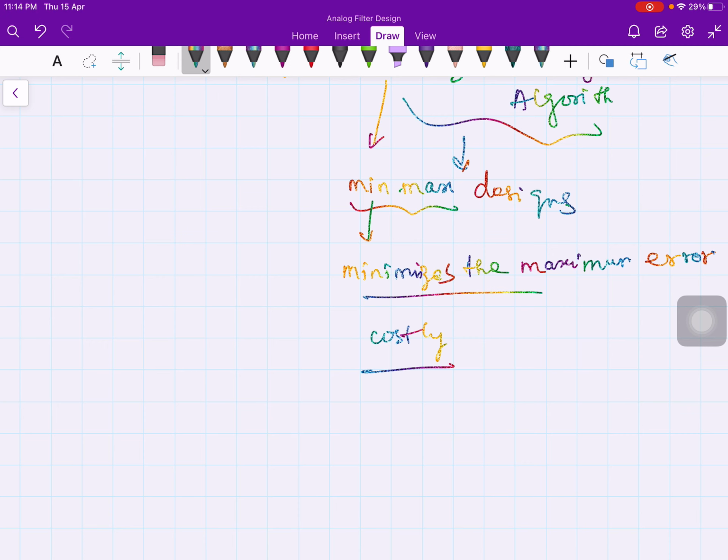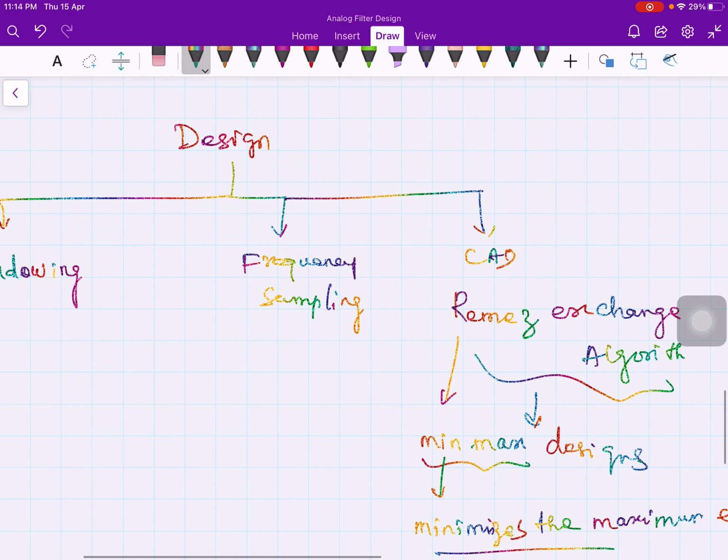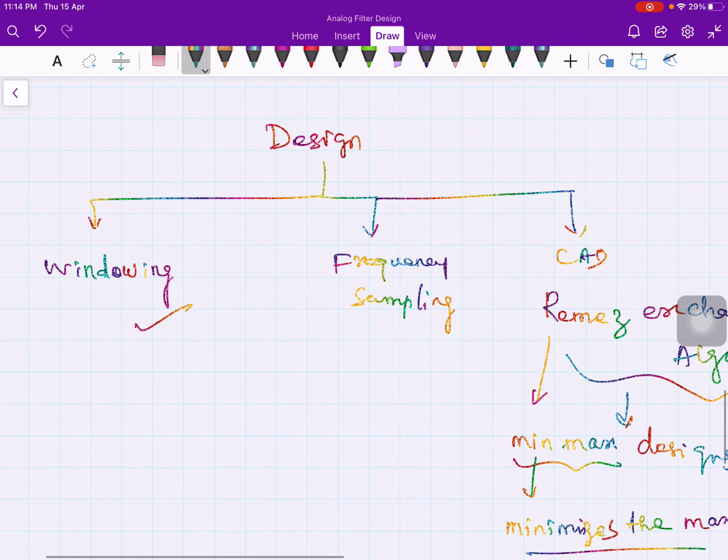We will concentrate on semi-analytical designs, especially the windowing method and the frequency sampling method.